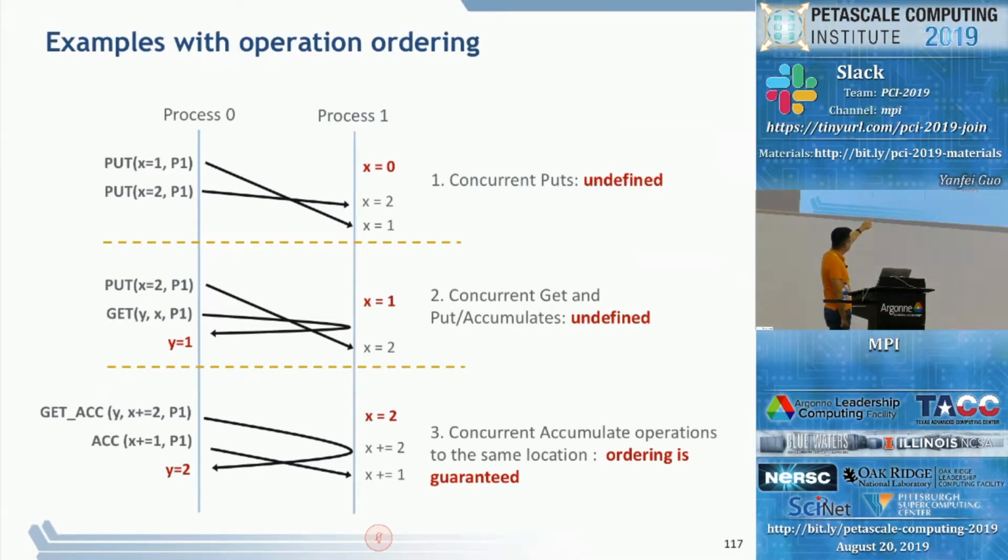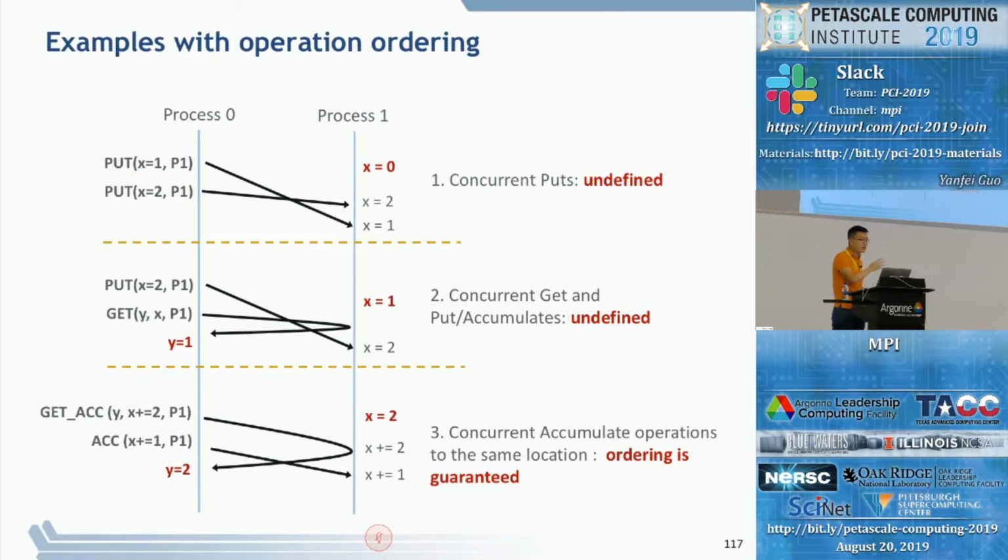If you mix a non-atomic operation and an atomic operation, the result will still be undefined. The ordering is only guaranteed among atomic operations. This is strictly related to the synchronization model, because atomicity is only guaranteed within the same epoch if you do atomic operations.